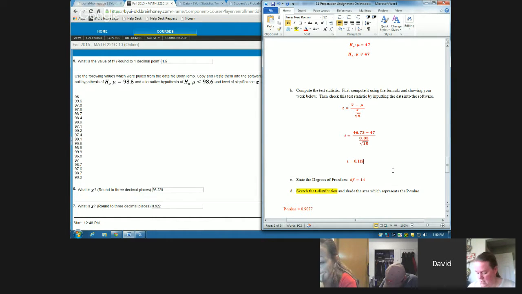So that's the X bar minus the mu, divided by the sample standard deviation divided by the square root of the sample size.